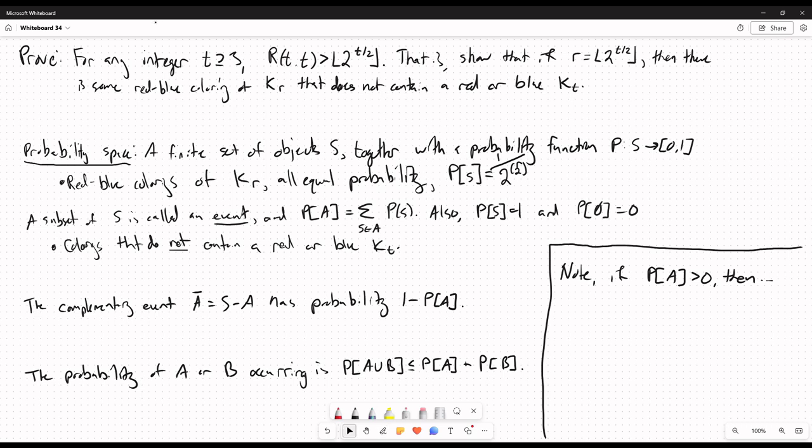So that's the event we're going to look at. We also have this idea of complementary events, and that's basically everything that's not the event we're looking at. It's going to have a probability of 1 minus P(A). And secretly, in this problem, we're not going to start by looking at colorings that don't contain a red or blue K_t. We're going to look at the complementary event, colorings that do contain a red or blue K_t.